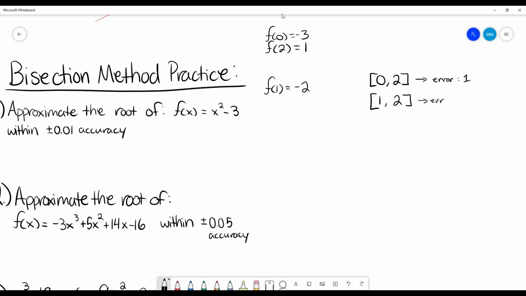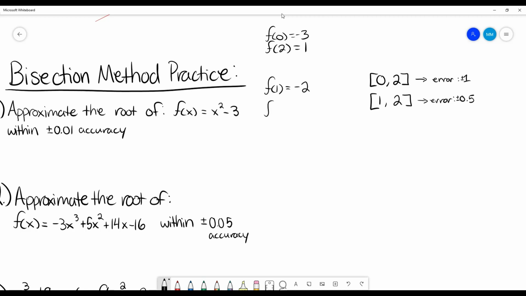Now, our maximum error is going to be 1/2, right? Because the distance between 1 and 2 is 1, so if we cut it in half, it's only 1/2 away from how correct we could be. That's kind of why we use the plus or minus when we talk about our tolerance. But let's keep going. Now we're going to cut it in half again.